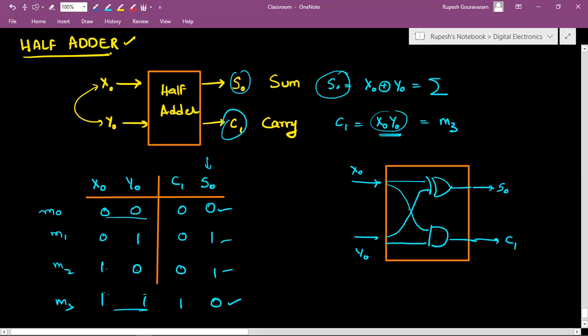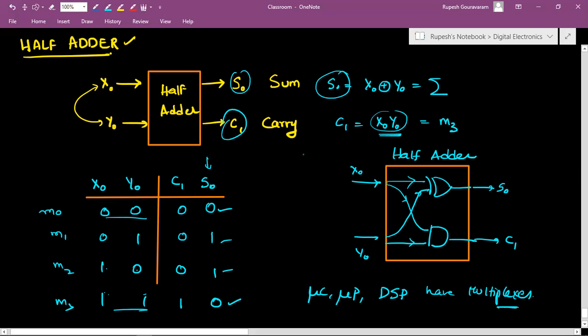So this should be the circuit. So this is how we design a half adder. Nowadays, all microprocessors, microcomputers, microcontrollers, DSP, meaning digital signal processors, all these have multiplexers.